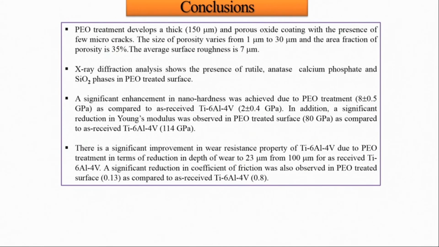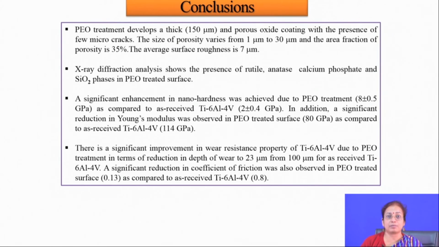Though there are porosities here, which are not there in anodizing. If you see carefully, in anodizing operation or chemical conversion coating, there is formation of micro porosities, but the porosity dimensions are quite small, not really even micron level, but nano level. But here porosity dimensions vary from 1 micron to 30 micron.